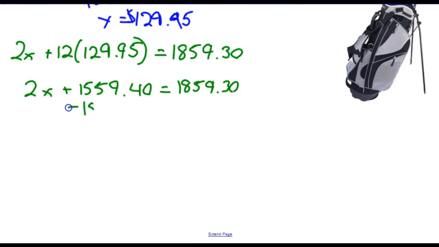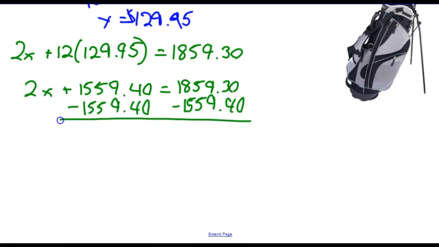Then if we subtract this, those cancel, we get 2x equals 0 minus 0 is 0, 3 minus 4, we have to take 1 from the next one, that becomes 8, that becomes 13, 13 minus 4 gives us 9.